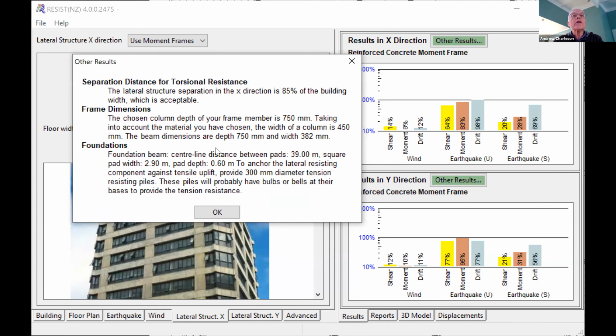And the beam dimensions will be 75 centimeters deep by, say, 40 centimeters wide. And so these are the dimensions you will show on your drawings. You know, this is the preliminary design you have done. There's information about the foundations, but normally you don't show that on architectural drawings, so don't worry about it.